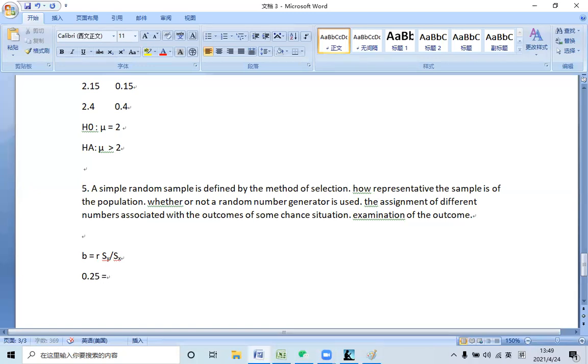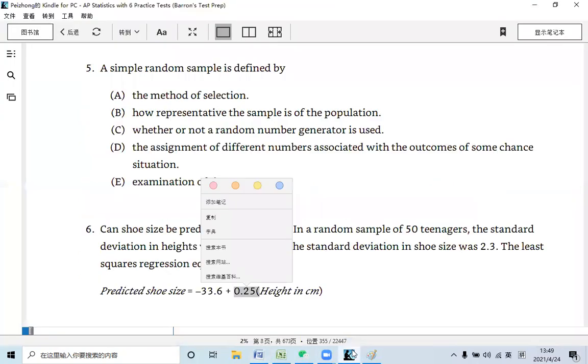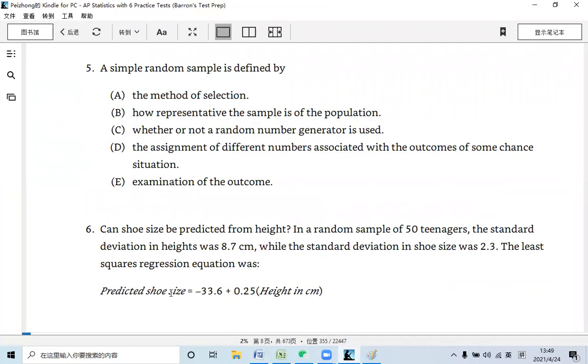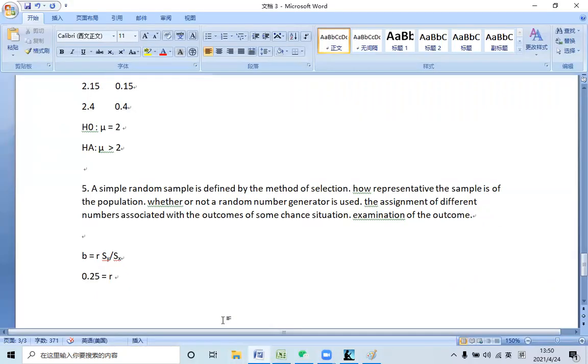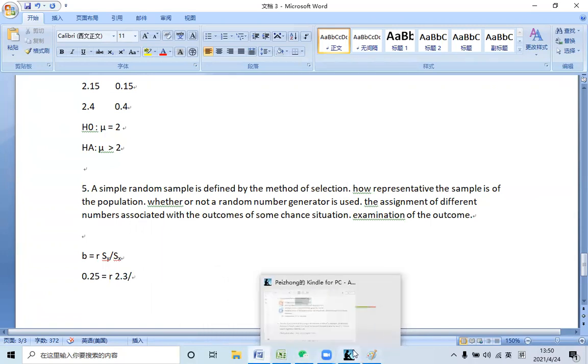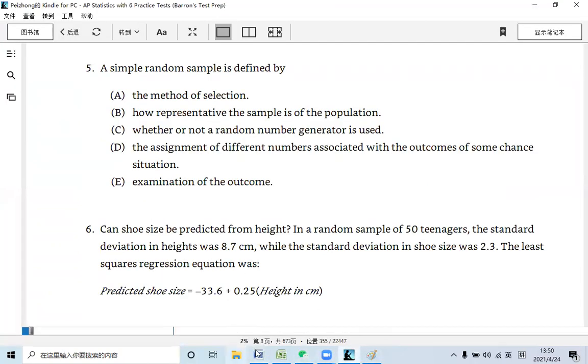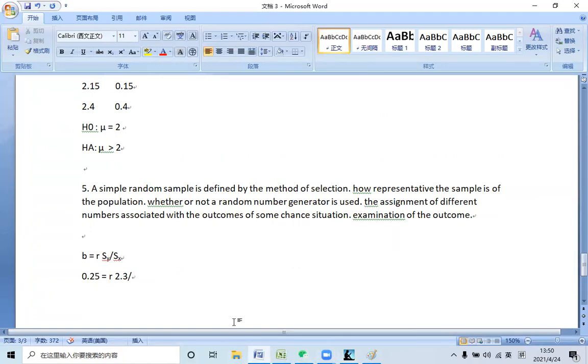This is B equals R times the standard deviation of the predicted variable, shoe size, 2.3, divided by 8.7. And this is how you get the R value.